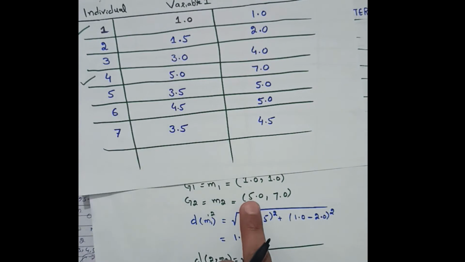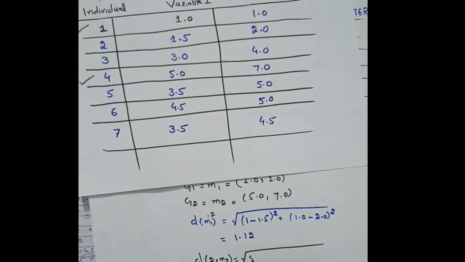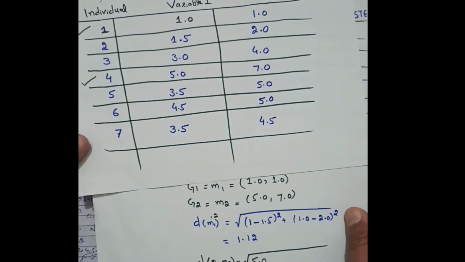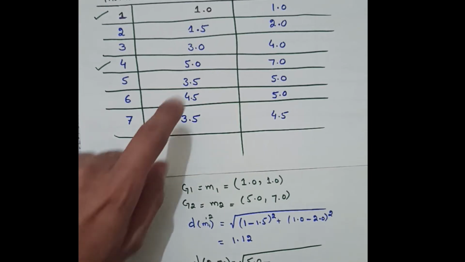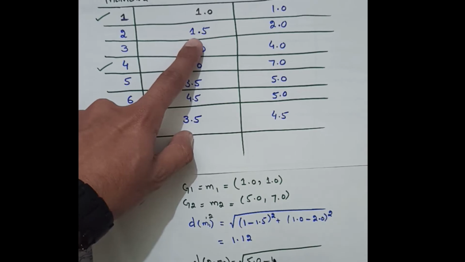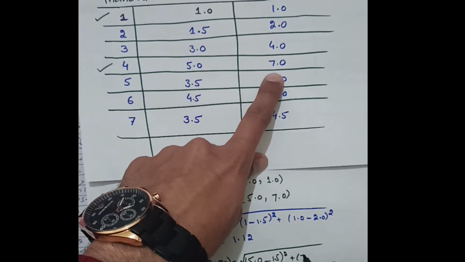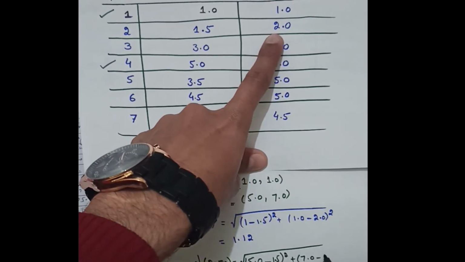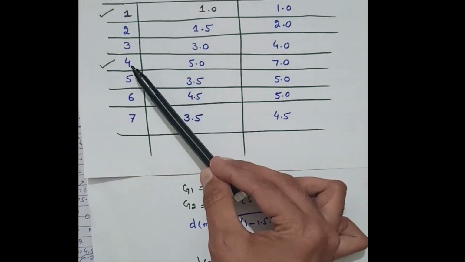Centroid 2 is 5.0, so we subtract: we are computing d2 = (1.5 - 5.0) whole square plus (7.0 - 2.0) whole square. So we are computing the Euclidean distance of individual 2 with respect to centroid 2.